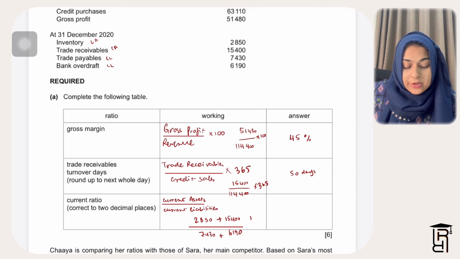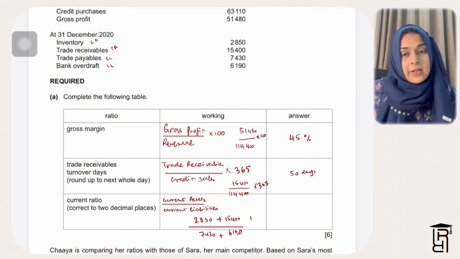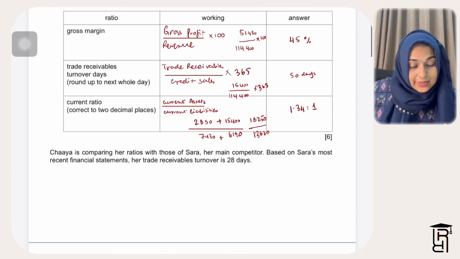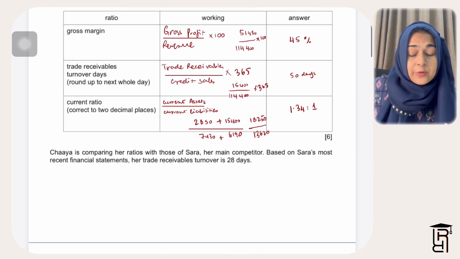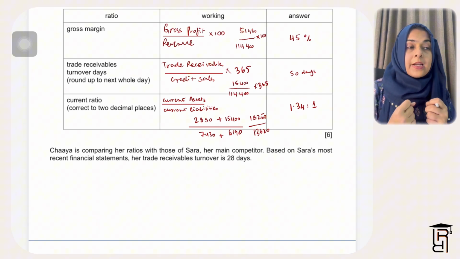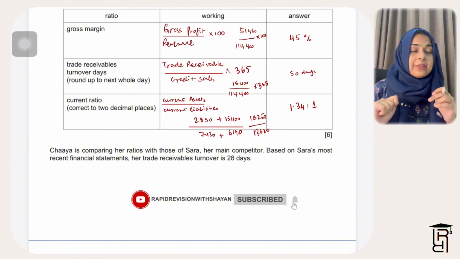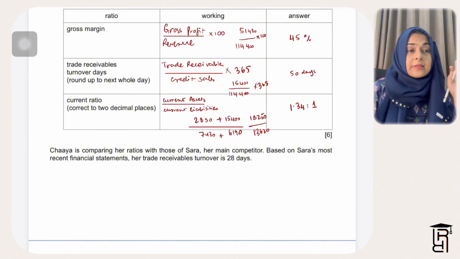In the next part, they are saying Chaya is comparing her ratios to those of Sara, her main competitor. Based on Sara's most recent financial statements, her trade receivables turnover is 28 days, while Chaya's trade receivables turnover is 50 days. You must know that for trade receivables turnover, lower is better. Why? Because my trade receivables are my customers, and it is very good that they pay me as soon as possible.